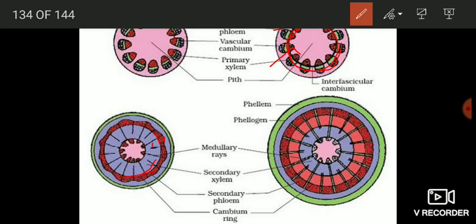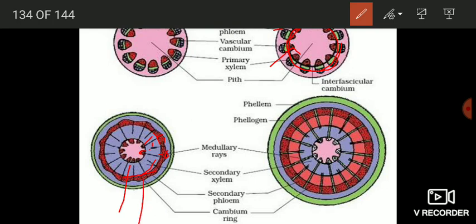It adds cells both towards inner side and towards outer side. The blue band represents secondary xylem, and this secondary xylem pushes primary xylem towards the center of the stem. Same is the case here. The secondary phloem that is produced, this red band, pushes the primary phloem towards the outer side and crushes it. आपके पास अभी बन गया है secondary xylem and this secondary phloem.